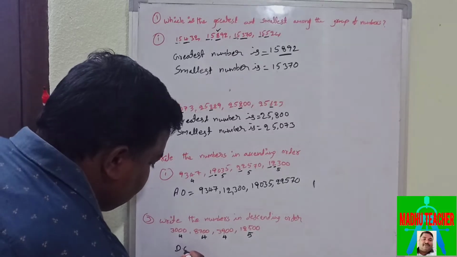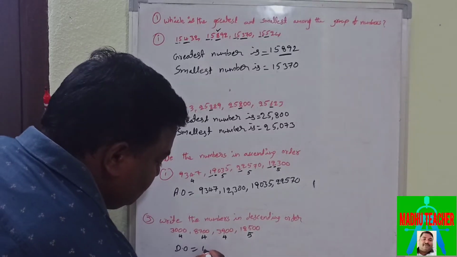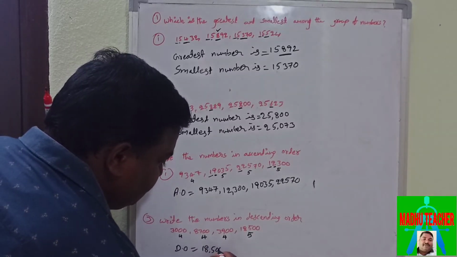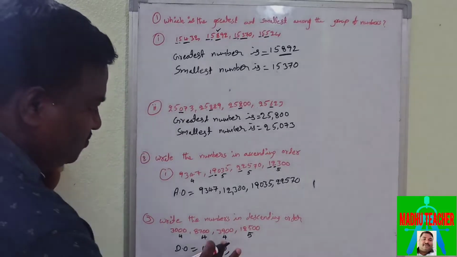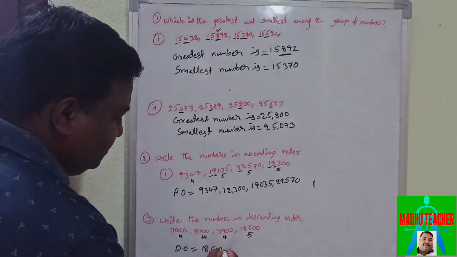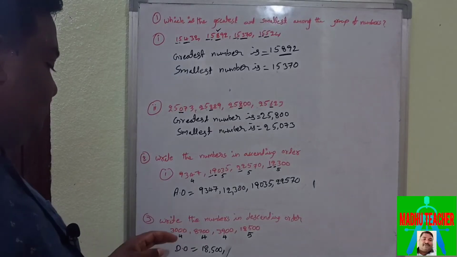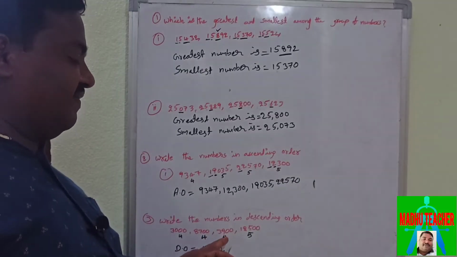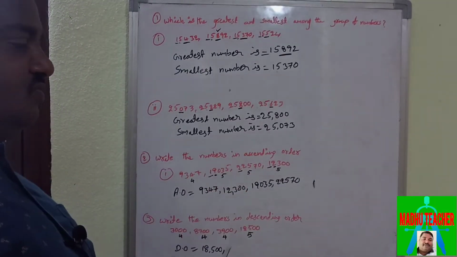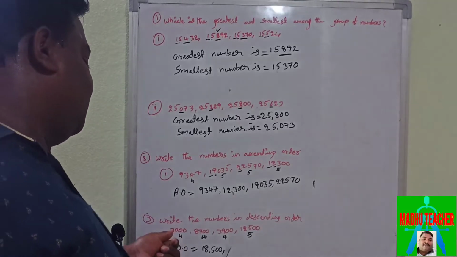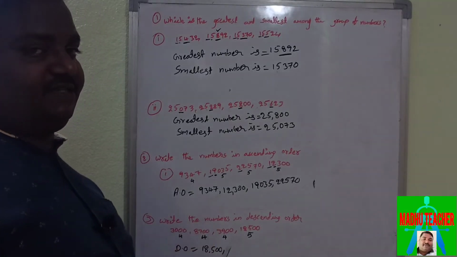So descending order is 18,500, which is the greatest number. These 3 numbers have the same number of digits. So what do we have to do? You have to see the first digits from left.